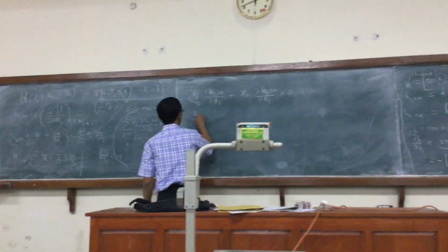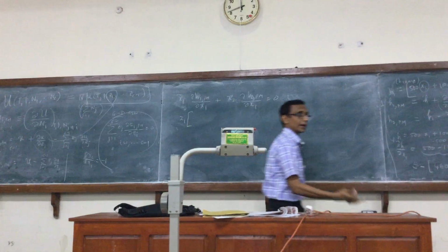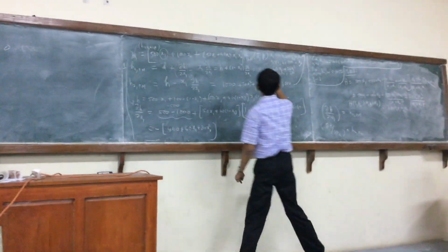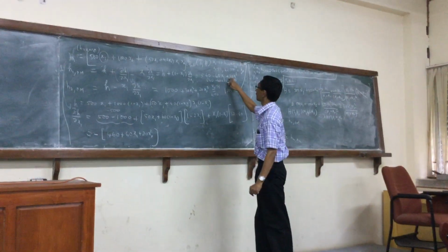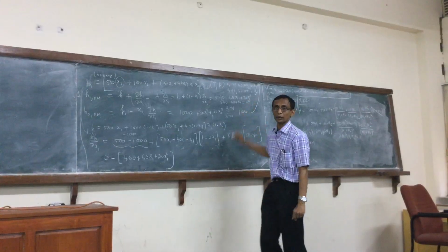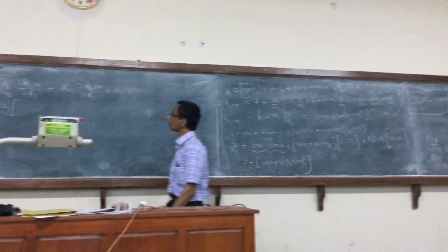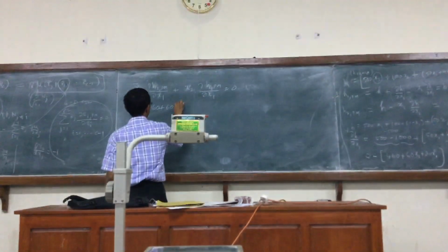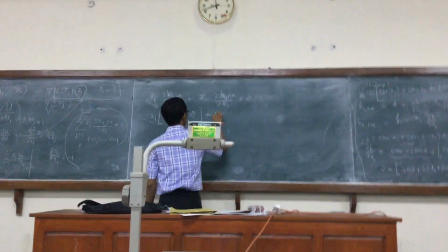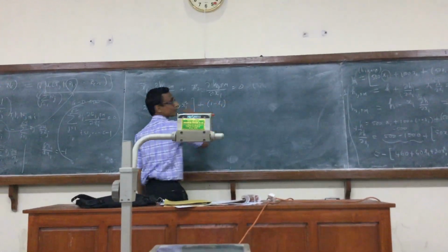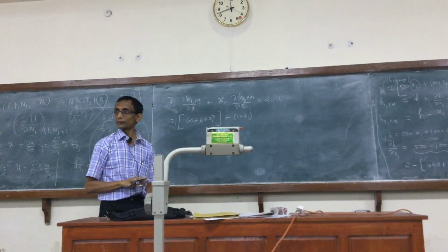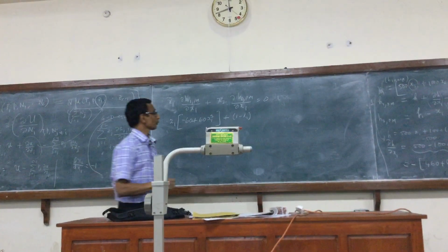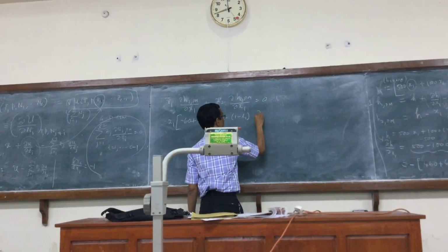So I get x1 times, now I have to differentiate that with respect to x1. So I get minus 60 plus 60 x1 squared. Plus 1 minus x1, again I want to work only with x1, right? So 1 minus x1. This of course I don't know.